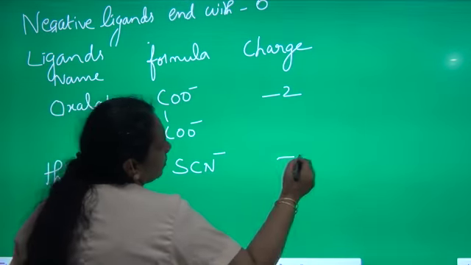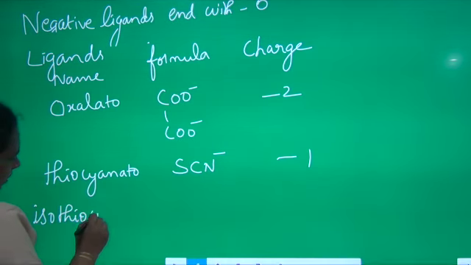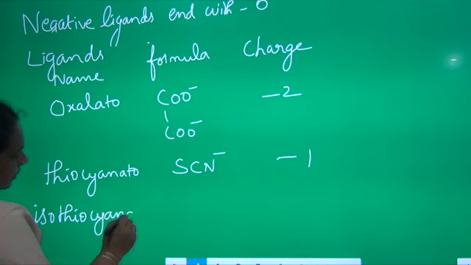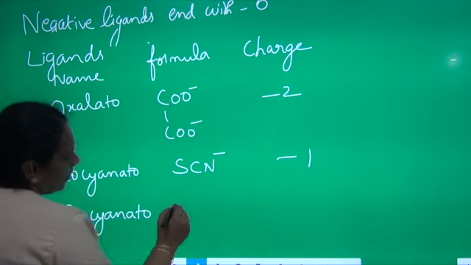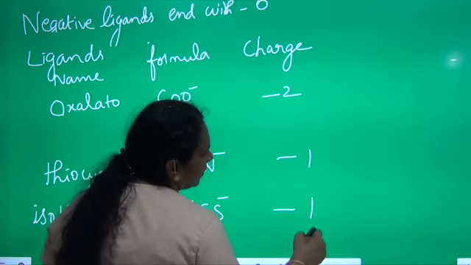Here the charge is minus 1. Isothiocyanate. Here also the charge is minus 1.